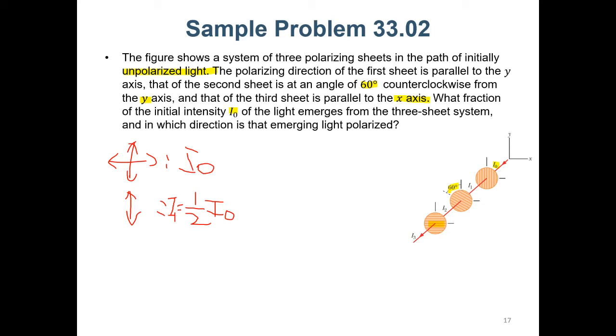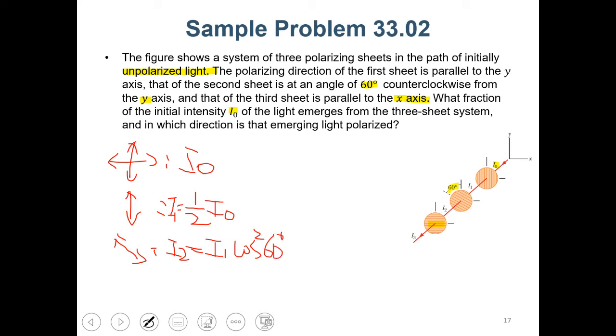After the second one, these two have an angle of 60 degrees between them, so I2 is I1 cosine squared 60 degrees, which is 1/2 I0 times (1/2) squared.